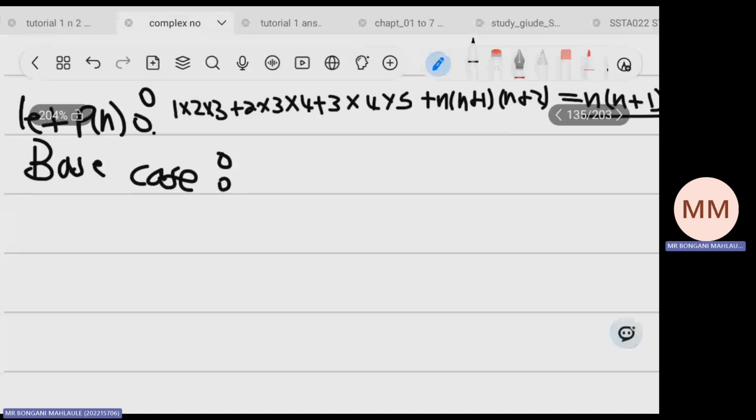So we can clearly see that the base case holds for letter B. Then we're going to come to the assumption step.